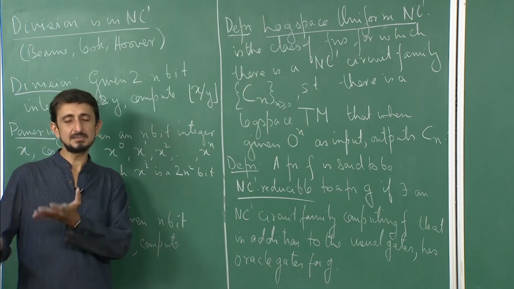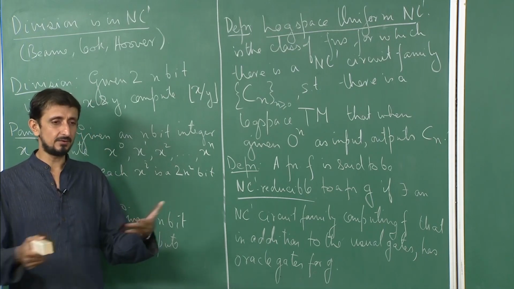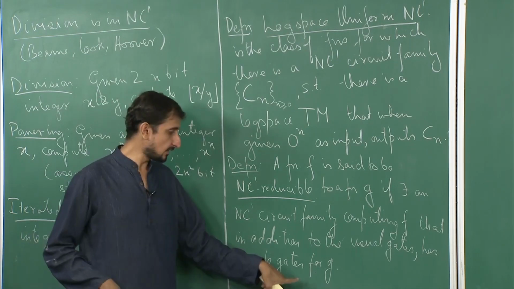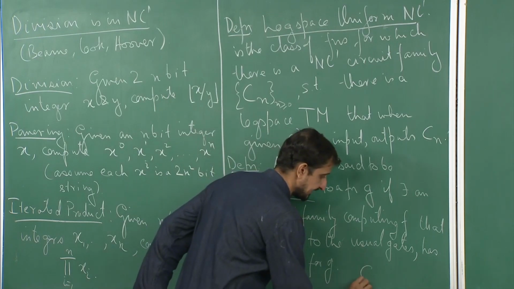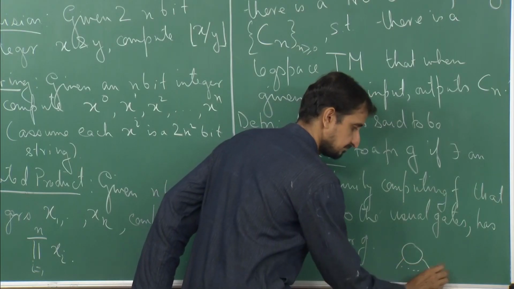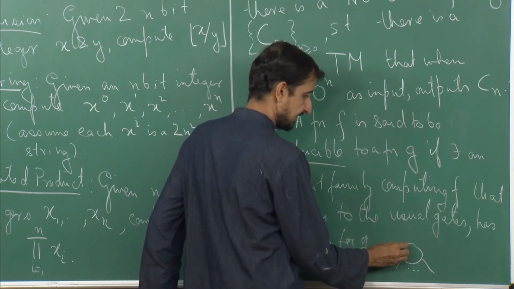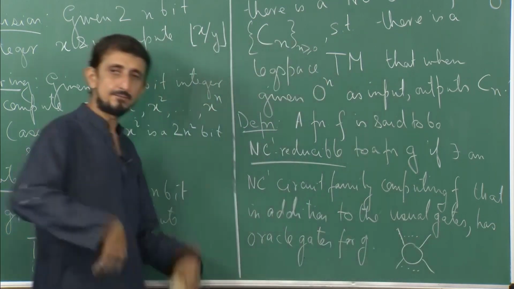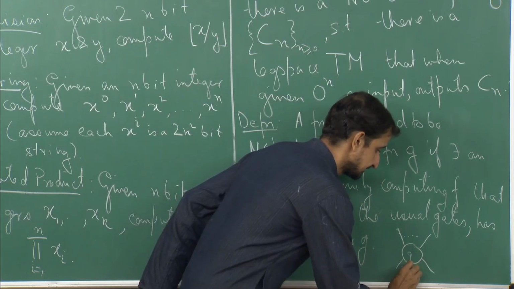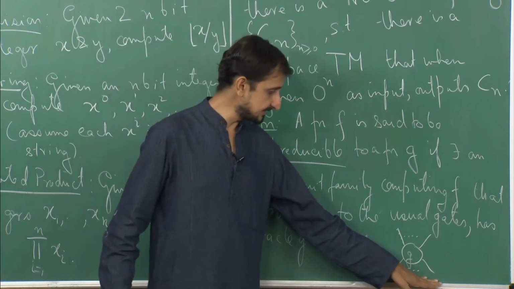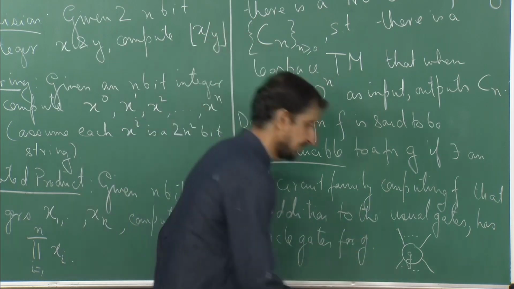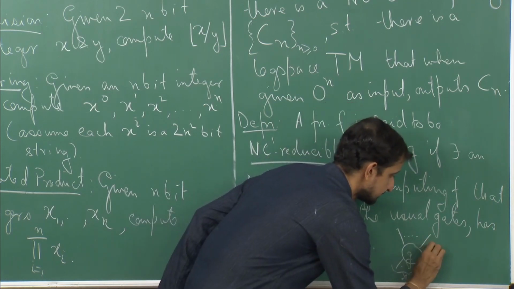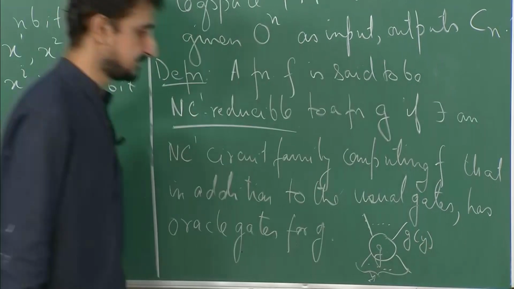G is a function, and it can be any function; you can think of g as taking a string and outputting some other string. An oracle gate for g is a gate which takes as input some bits, say some y, and outputs the string g of y.